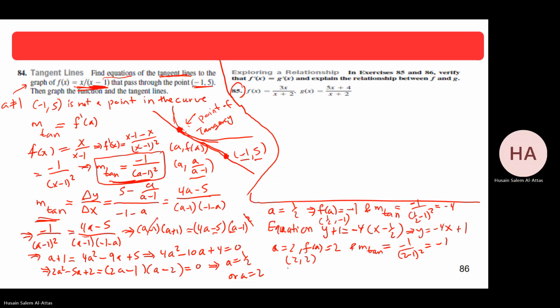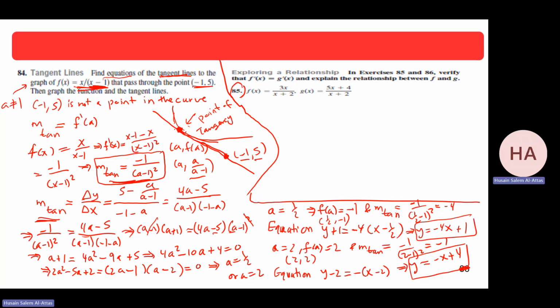So it will be the equation y minus 2 equal minus x minus 2. So y equal minus x plus 2. Yeah, plus 2. Take 2 to the other side: minus x plus 4. That will be the second equation. I have these two equations.